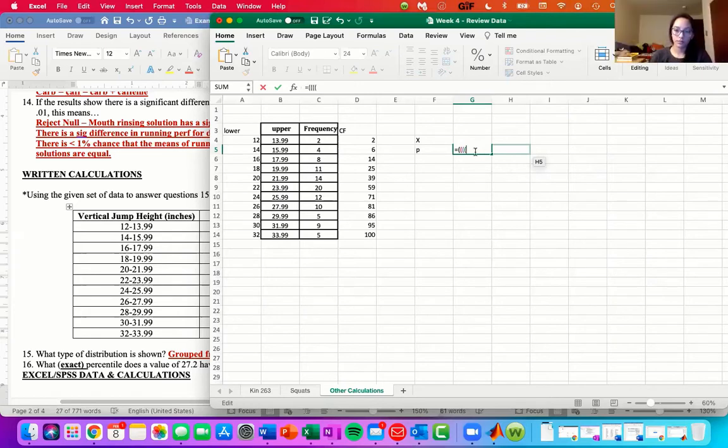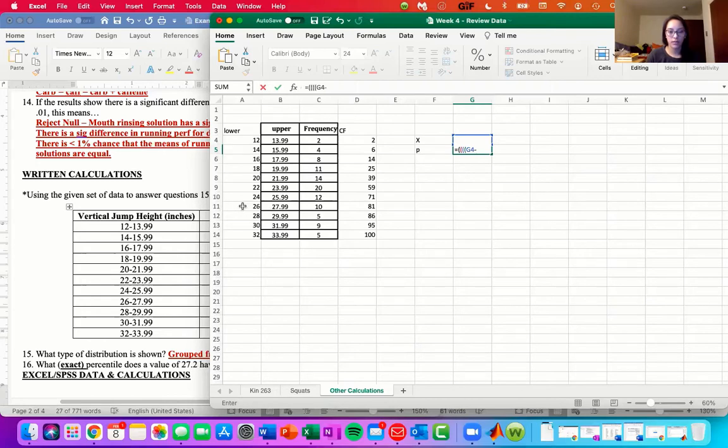Right. So in here I'm referencing my X value, which is 27.2. And that's going to be subtracted from the lower bound of the interval that it exists in. So 27.2 would lie between 26 and 27.99.